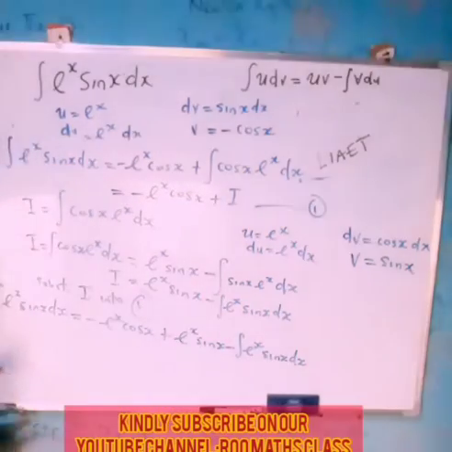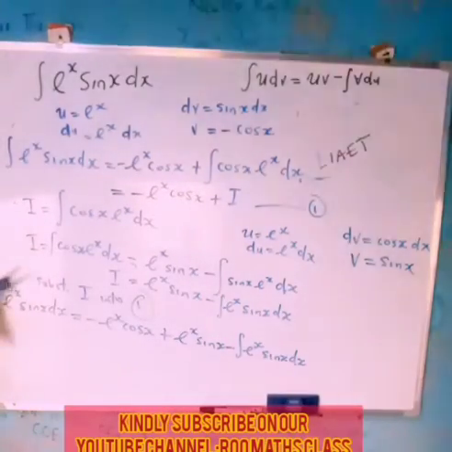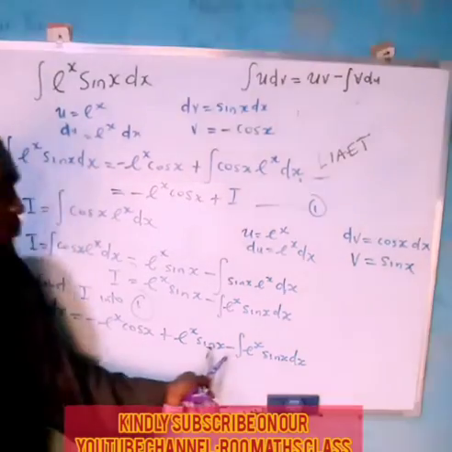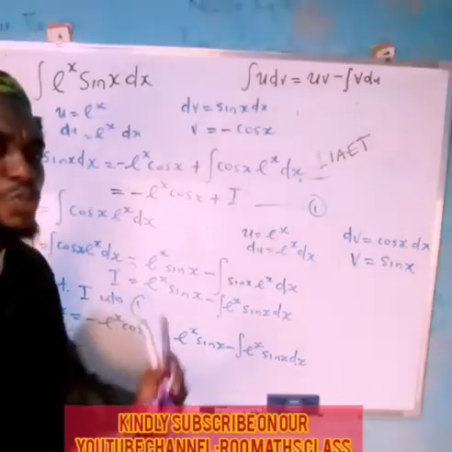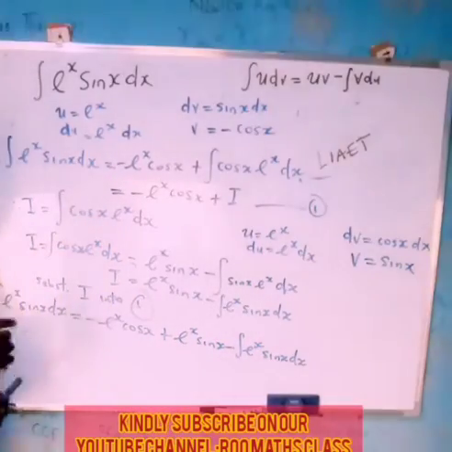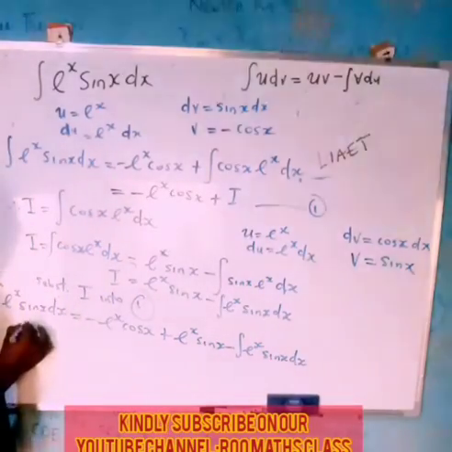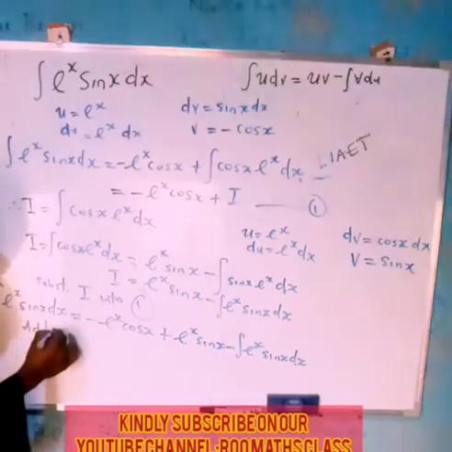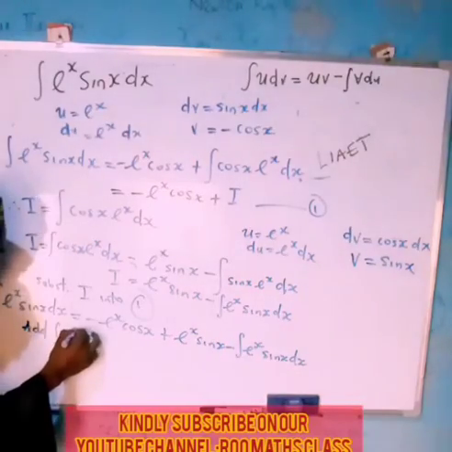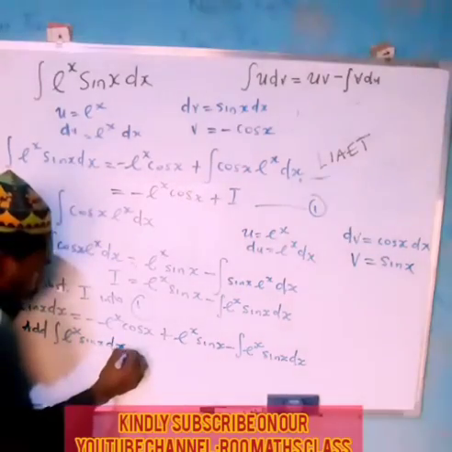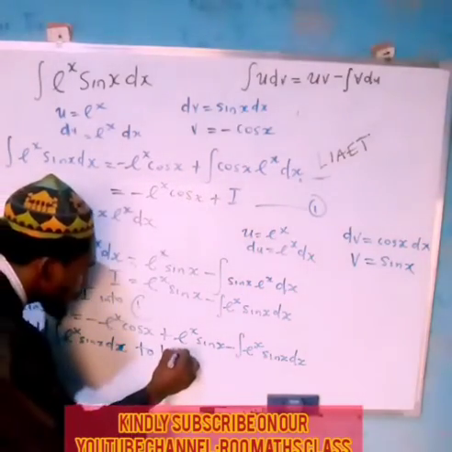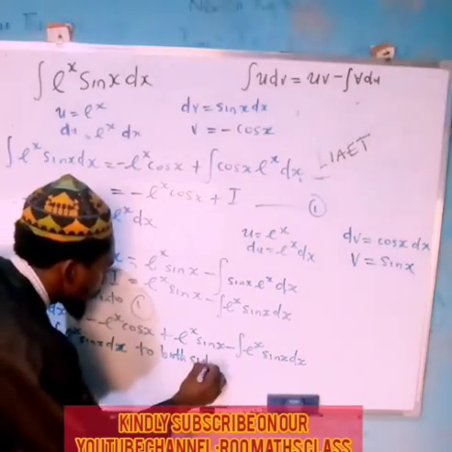If you look at this now, just study this, our answer. We have the integral of exponential x sine x dx, and we also have minus over here. So we just manipulate a little mathematical step, which is to add the integral of exponential x sine x dx to both sides.